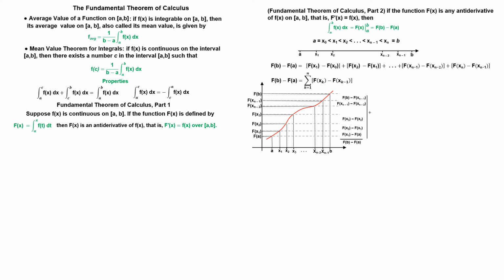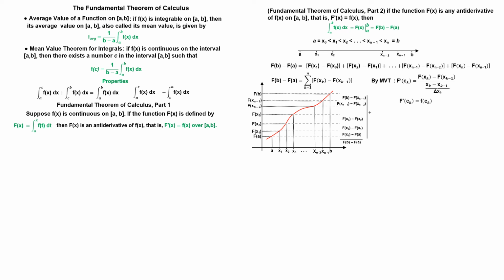By the mean value theorem, we know that there exists a number c sub k in each subinterval such that the following holds. By Fundamental Theorem of Calculus, Part 1, we know that the following holds, and we can write the subinterval lengths using delta x.